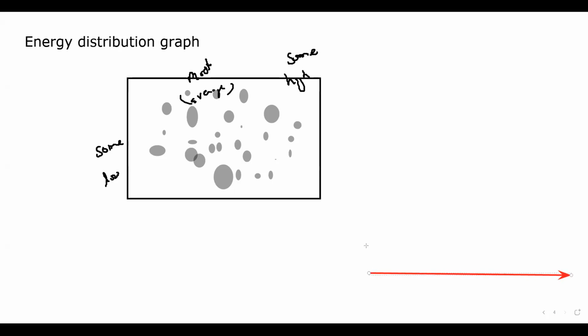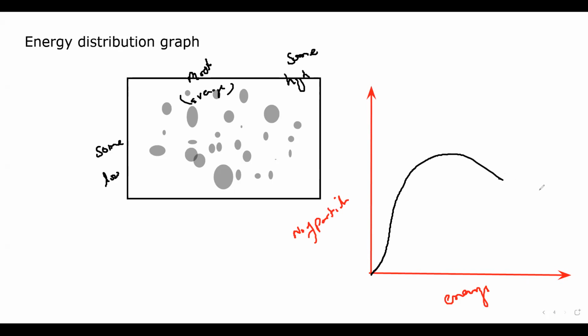So when we sketch a graph for the distribution of energy and the number of the particles, so the number of the particles and the energy, this will be the shape of the graph. What it shows is that some of the particles, on the right hand side as we move, will have high energy.